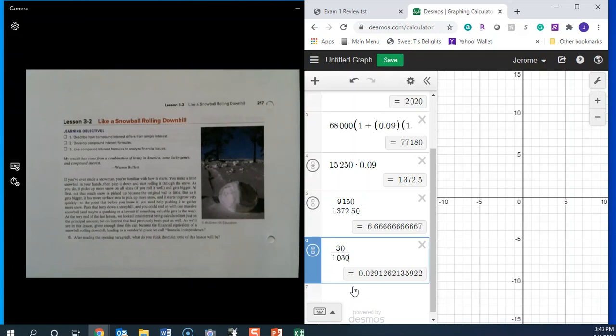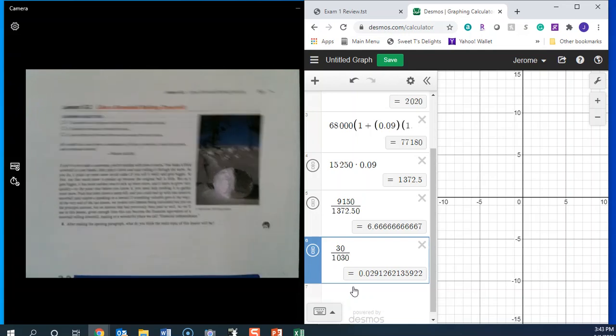Now, just to give you a heads up, we're going to start on page 217, and our lesson actually ends on page 227. So we have 10 pages, and then we will be done with section 3.2. Okay, lesson 3.2, page 217.